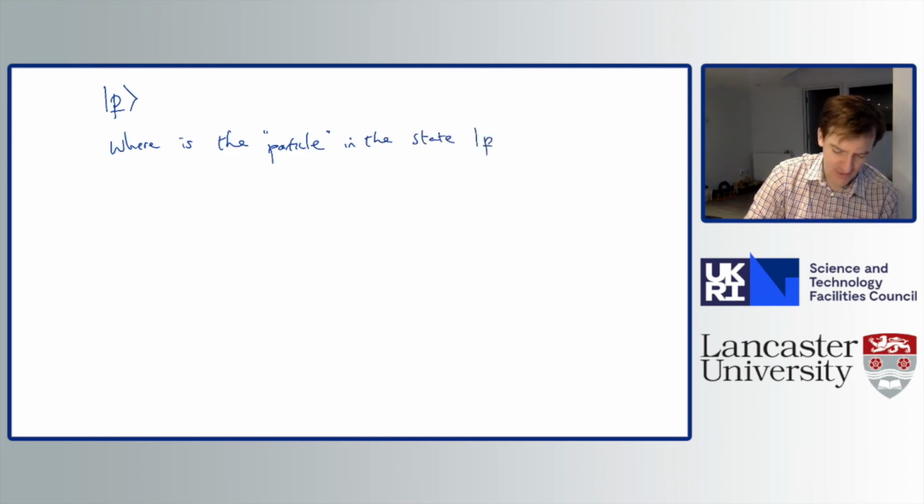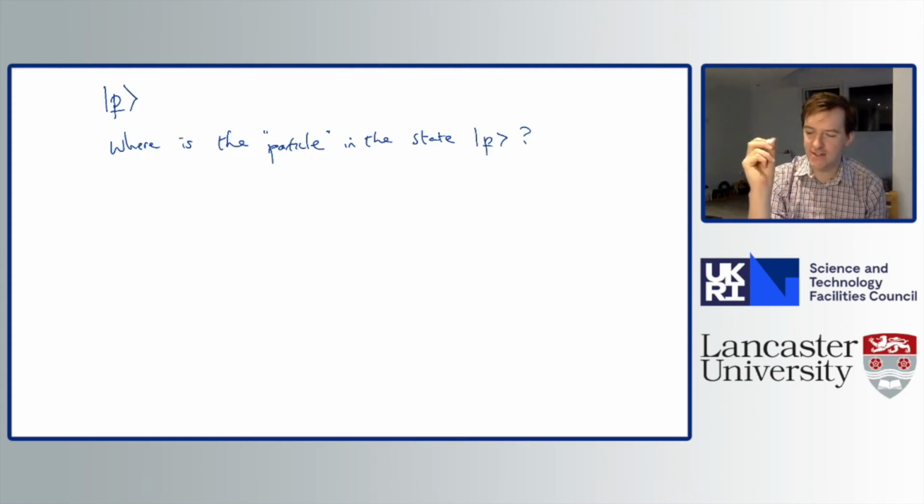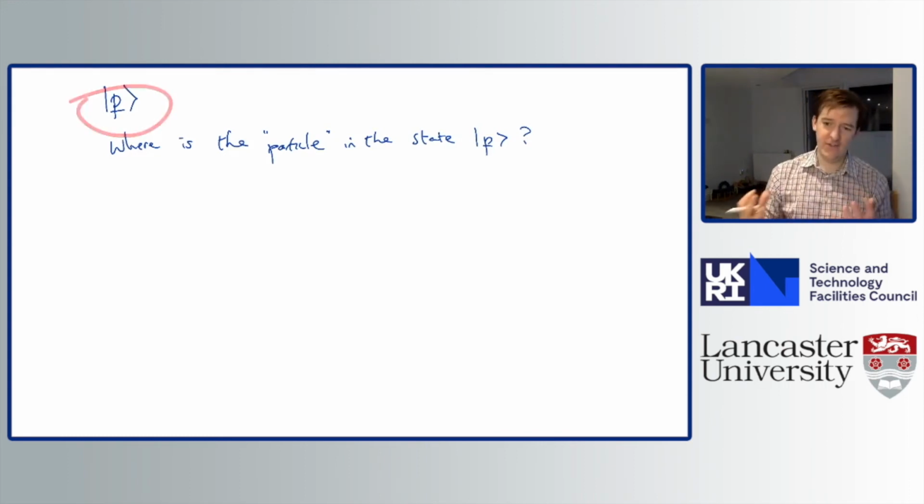At least the picture I have of the particle is something that's some finite little thing, right? There's an actual thing that's somehow localized in space, and that's what I take to be a particle. So with this state that I'm claiming represents a particle, where is the particle in this state?